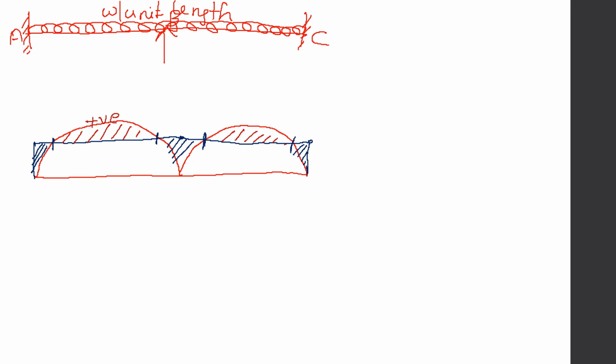This is positive, and the blue color represents negative bending moment. This will be clear when we draw the deflection diagram. For this beam, how will you draw the deflection diagram? Since the ends are fixed, your deflection diagram will be like this.